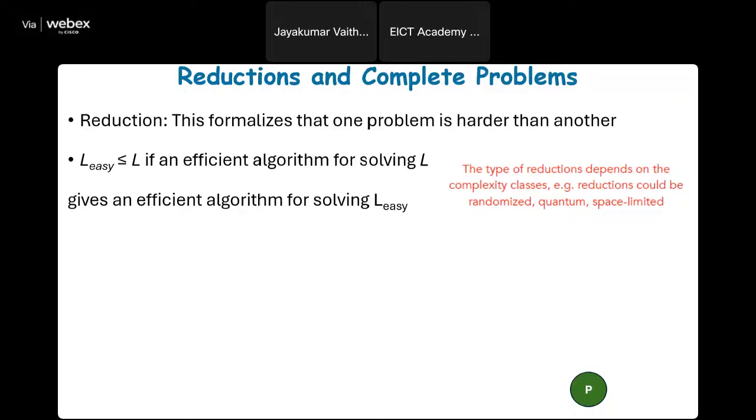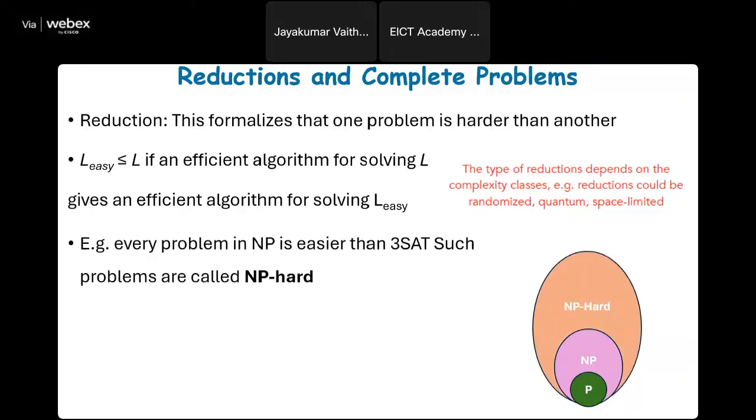So there is the class P problem, then the NP class problem, then you have the NP-hard problem. Take an example: every problem in NP is easier than the 3-SAT problem. This is the Boolean satisfiability problem, so go and refer to it if you have time. Such problems are called NP-hard.